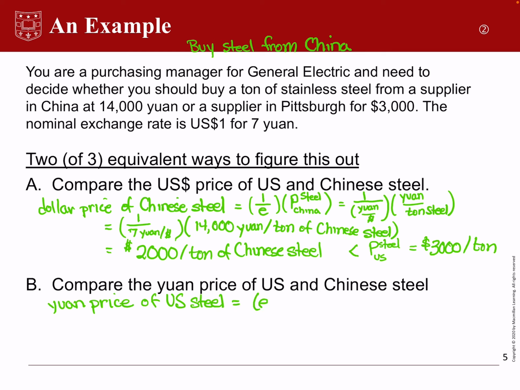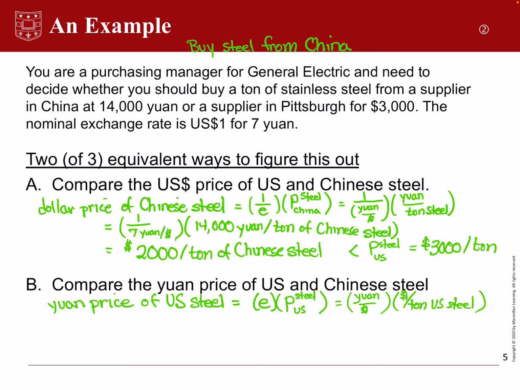That is equal to the nominal exchange rate times the price, in this case of steel, but the steel that's coming from the US. And again, just to check that we have our units right, this is going to be yuan per dollar times dollars per ton of US steel.